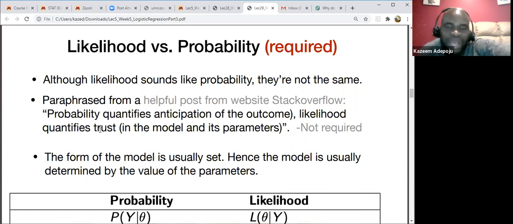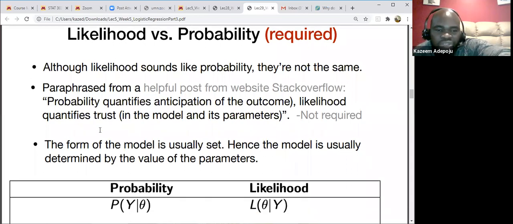It means we want to measure the trust in our model and its parameters. We can quantify that trust if the parameters are accurately determined, because where the parameters are not accurately determined, there's the possibility that we could have a misleading decision at the end of the day.